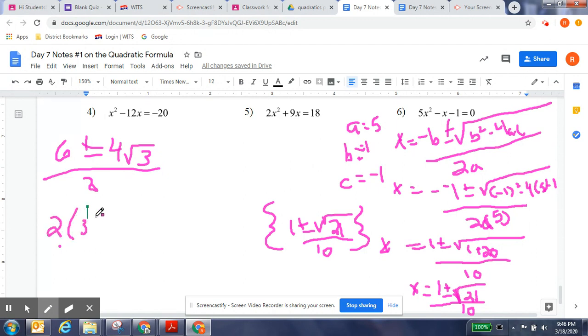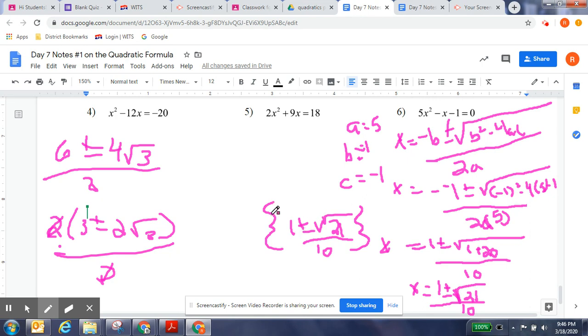That would give you 3 plus or minus 2 square roots of 3 over 2. Now you can cancel these out because this is already outside. So you can't break it up until it's left the group. If it's left the group, then you can cancel.